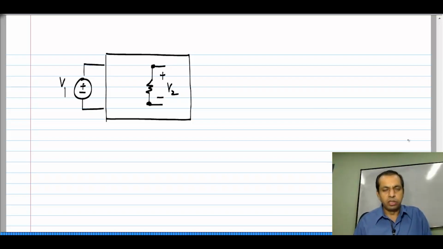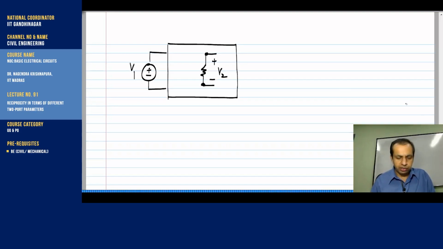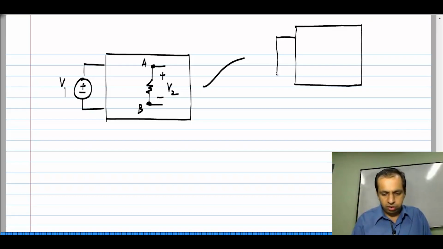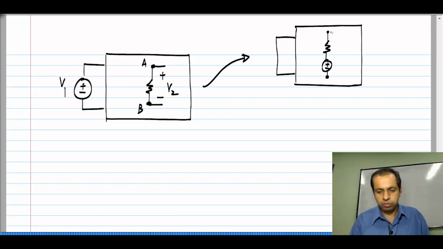Okay. Now, what the reciprocity theorem enables you to do is, let us say you have an alternative scenario where, for instance, let me call this node A and node B, and between node A and B there is a resistor. So, let us say we have an alternative scenario where the voltage source V1 is replaced by a short circuit, and between node A and node B we have the resistance, and in series with that we have a voltage source.